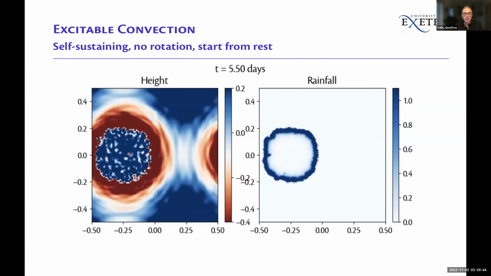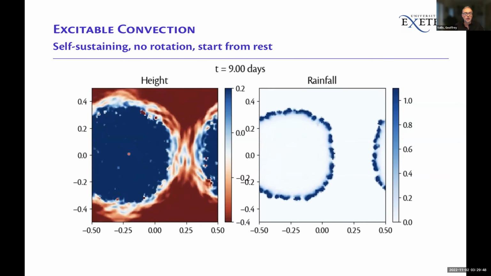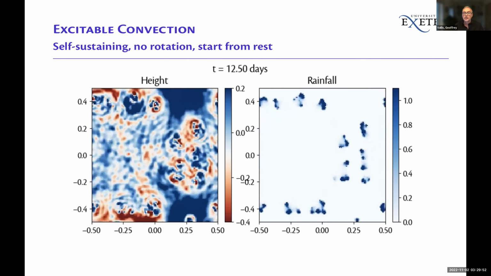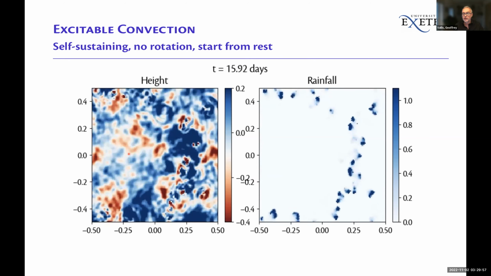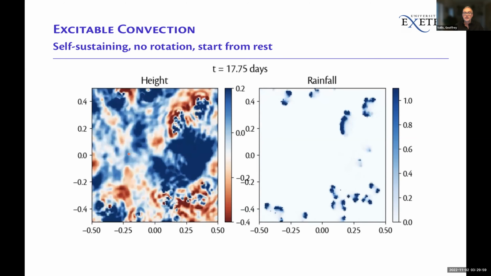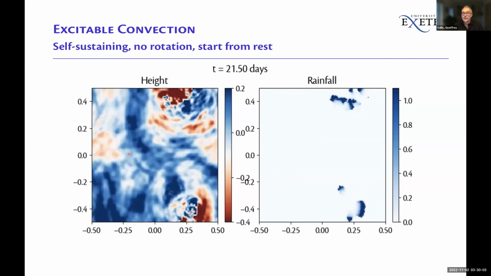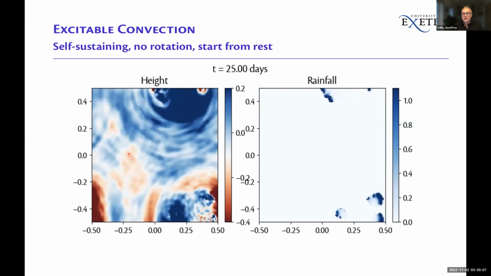These are gravity waves propagating out. There's a front of rain propagating out. You can see lots and lots of gravity waves all over the place in the left-hand plot. Blotches of rain in the right-hand plot, moving around slightly at random. It's sort of like a game of life in a sense. And you think it's all going to die out.